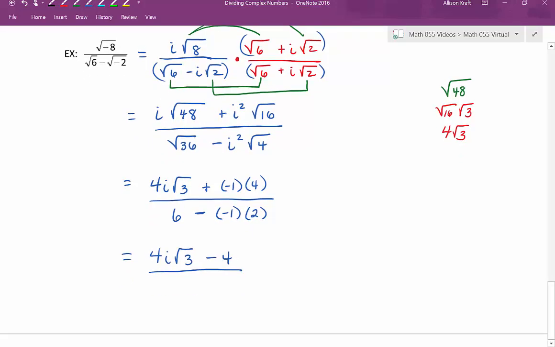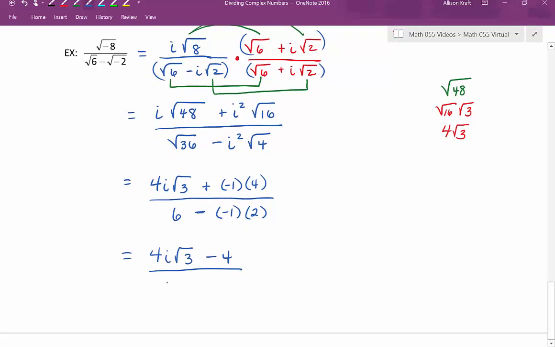And in the denominator, 6 minus negative 1 times 2, that'll be 6 plus 2. So this is 4i square root of 3 minus 4 over 8.